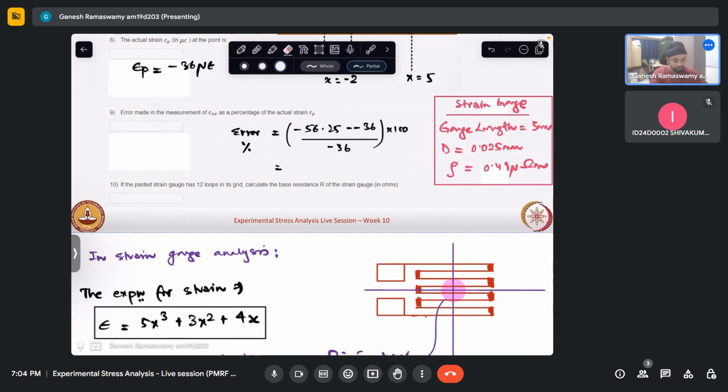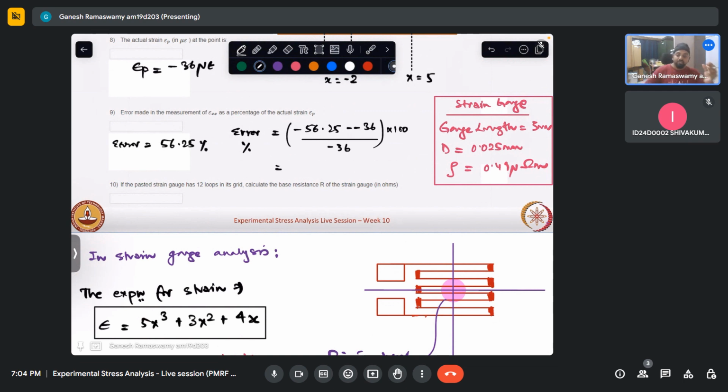Minus 56.25 minus 36 divided by 36. Acha, this also happens to be 56.25. Okay, so the error comes out to be 56.25%. You can work it out.